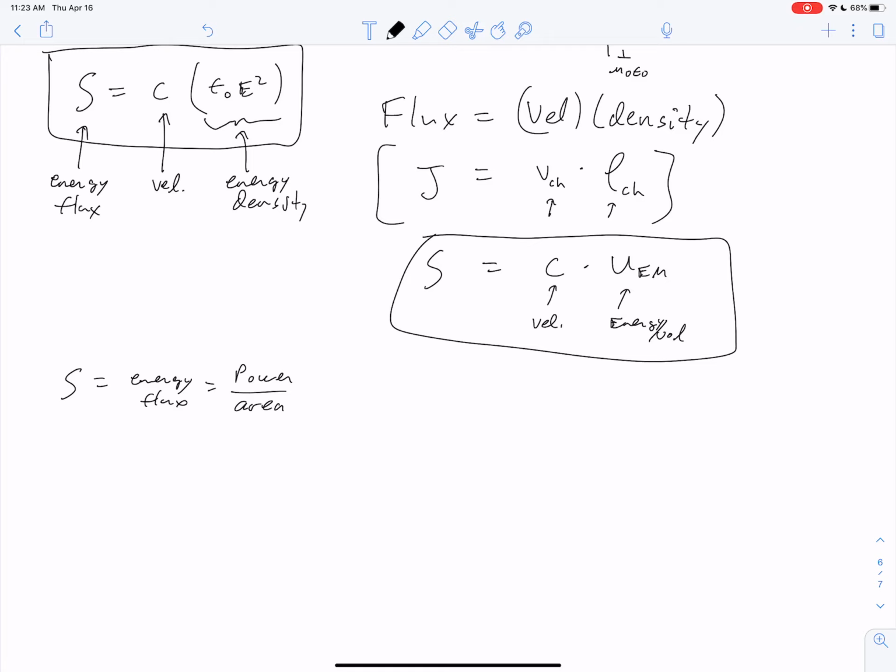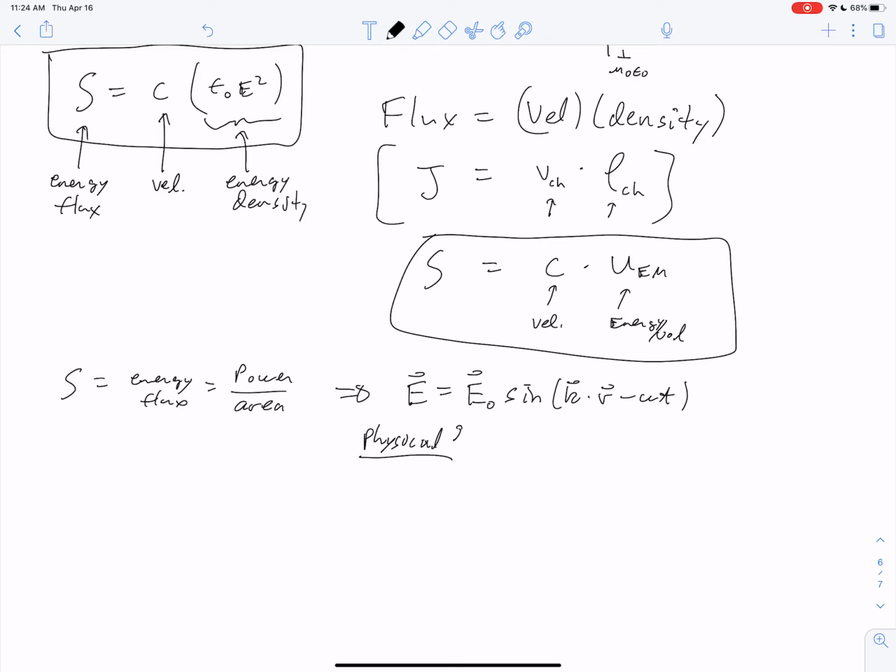That's what S is. And if I have the electric field carried in a plane wave, I'm going to go back into the sine wave, the physical electric field looks like this: E naught sine of k dot r minus omega t.